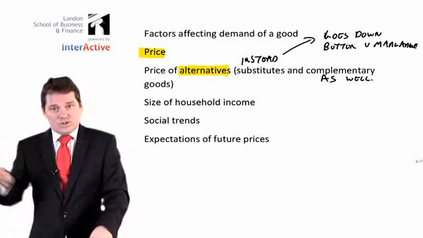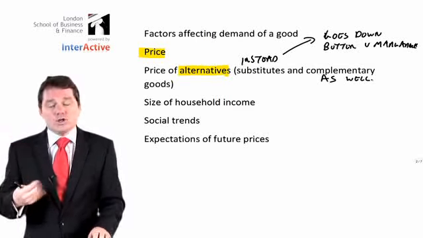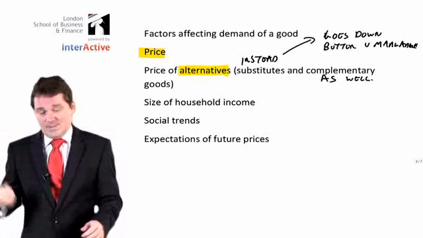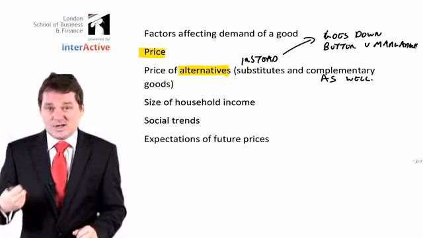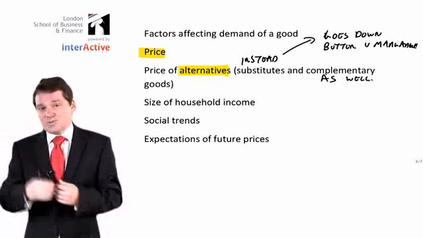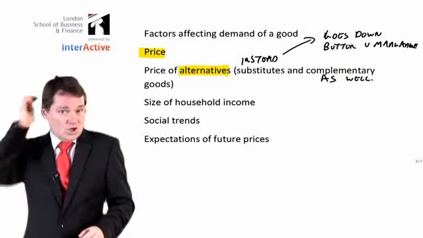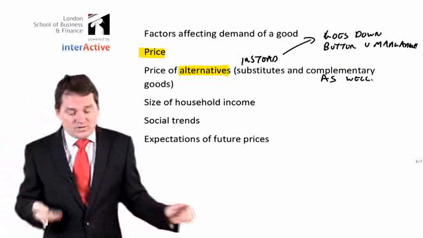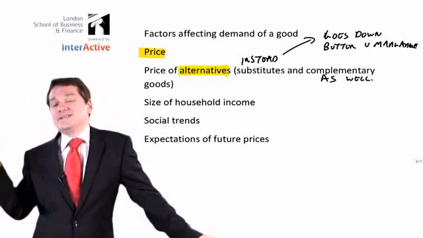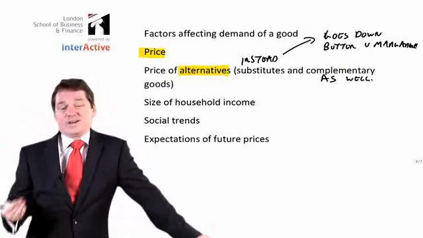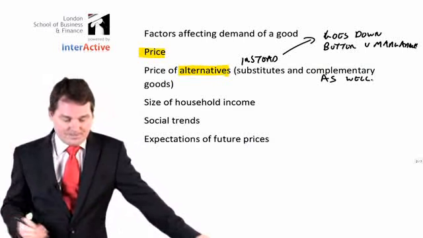If cars become more popular, the stereos that go in cars might become more popular. So the demand for something might go up because demand for something else has gone up. Demand might go down because the demand for something else has gone down.